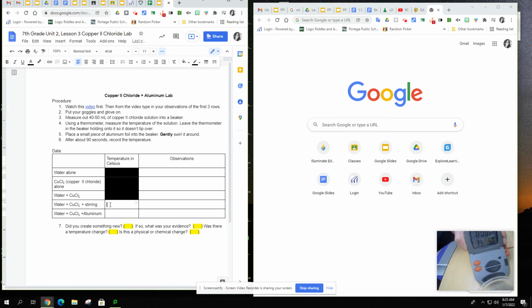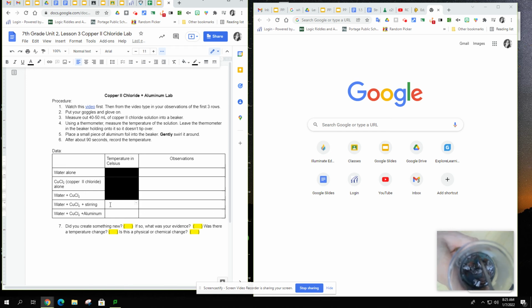So when I added the aluminum foil, the temperature went up. Make sure you record that. Let's try to get a better view here with the camera. It feels warmer.